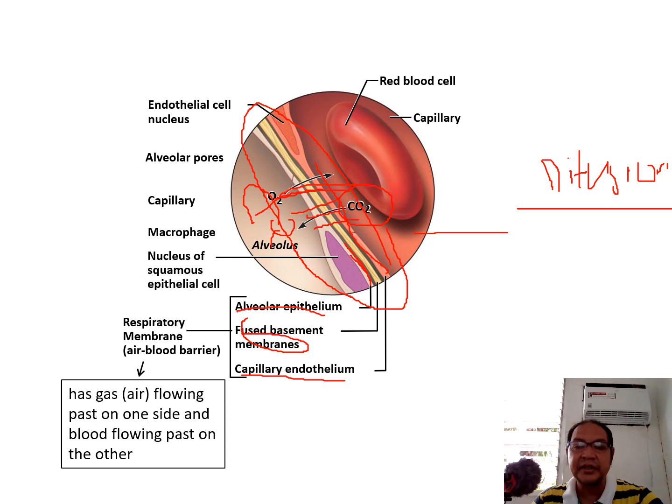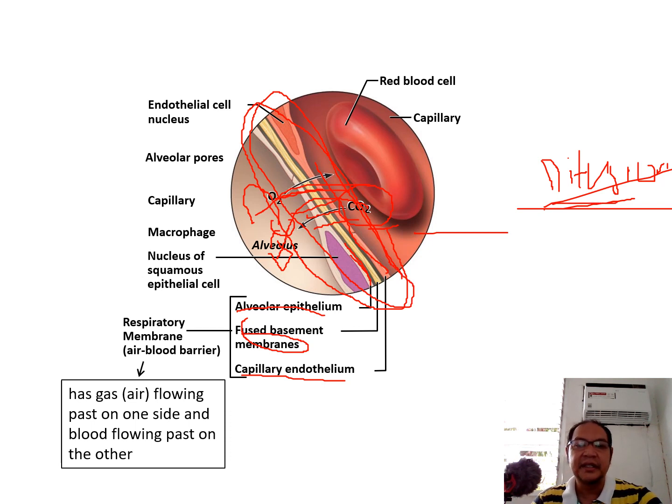The higher concentration is in the blood. That is why through the process of diffusion, carbon dioxide diffuses into the alveoli. That is the rule of diffusion. So this air-blood barrier is very important in gas exchange.